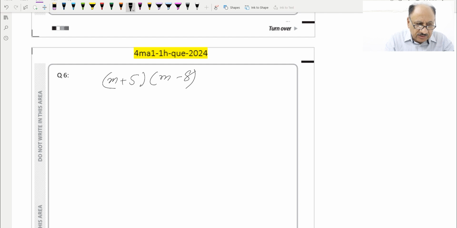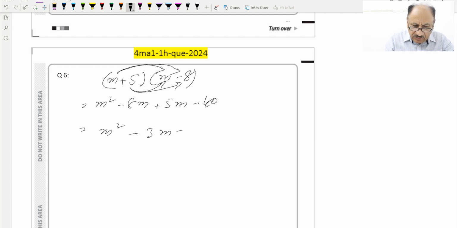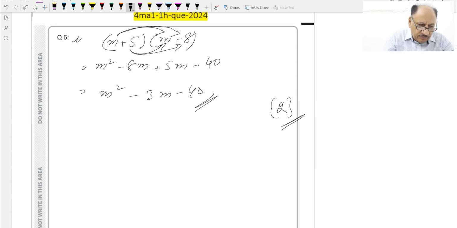So we can multiply this with this: m into m will be m square, then m into minus 8 will be minus 8m, and 5 into m we can write as plus 5m, and 5 into minus 8 will be minus 40, and adding the like terms will give us m square minus 3m minus 40. I will write this properly. Now this is our final answer, and this is 2 marks, which is done. Now B part, this was our A part which we had done.